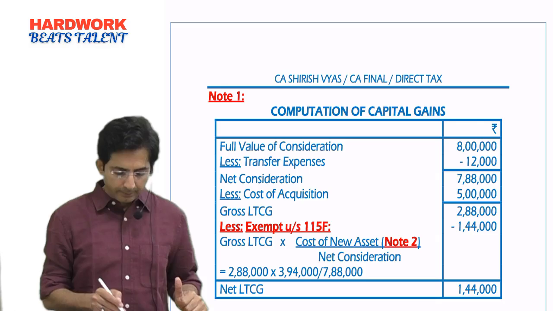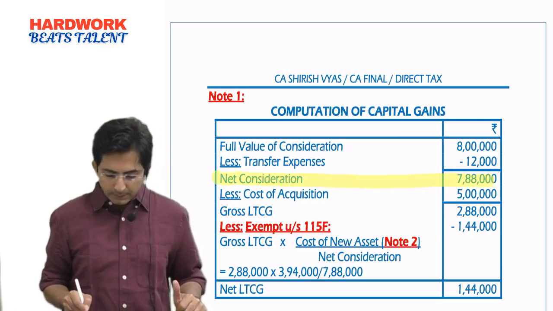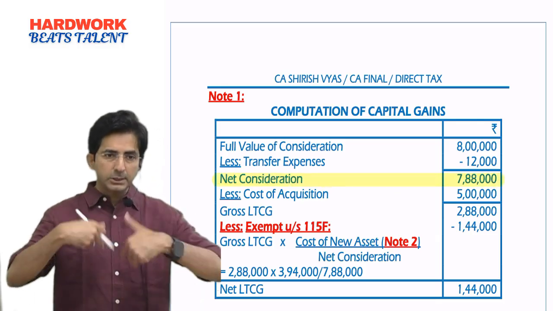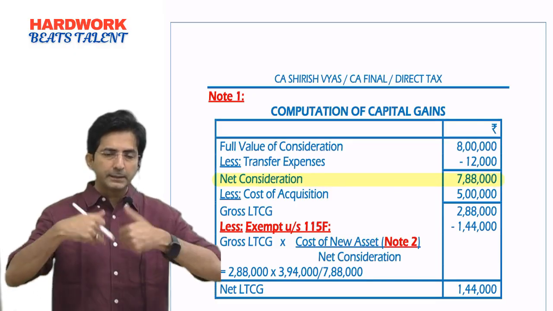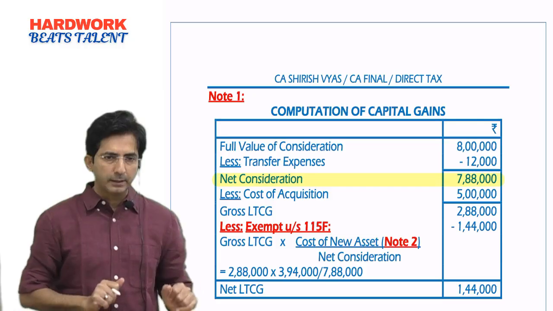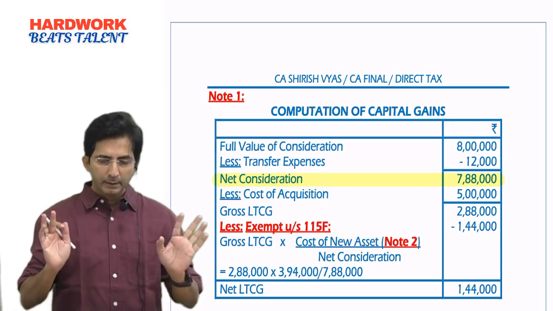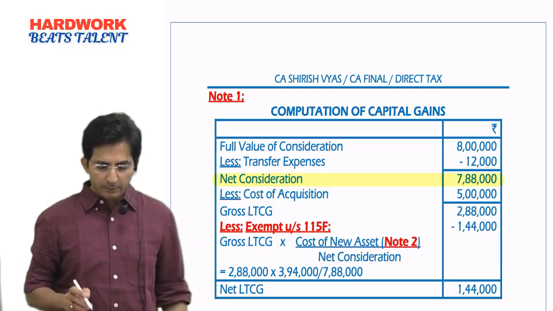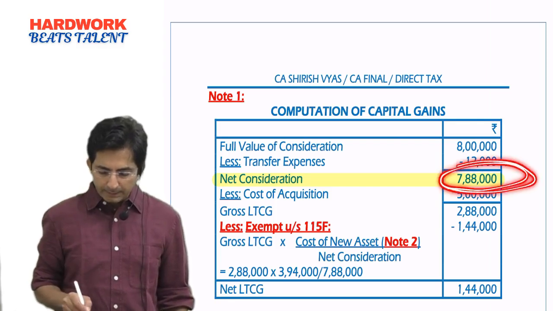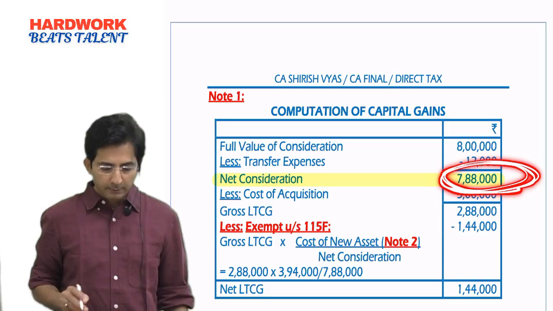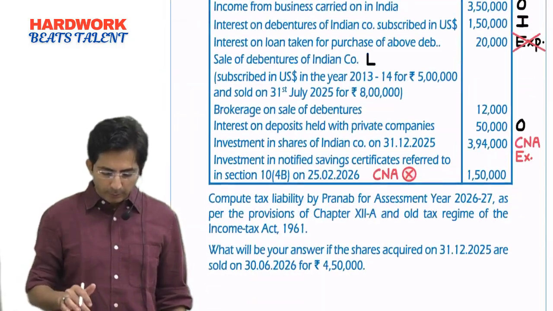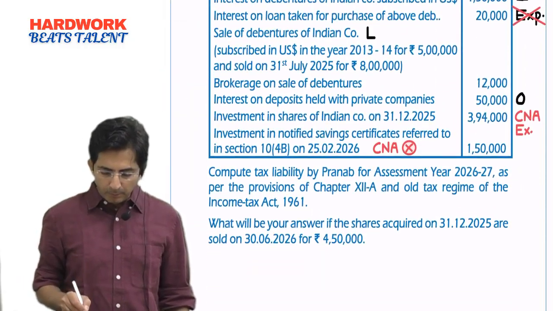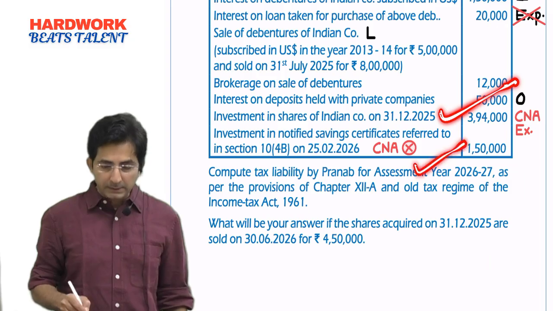Now you have to check whether the net consideration is fully reinvested in the new Sargo and the notified savings certificate, or partly reinvested. Because if fully reinvested, the capital gain becomes fully exempt. So you have to check how much net consideration is reinvested. So tell me, what is the reinvestment amount here? There are two reinvestments: shares of an Indian company and notified savings certificate.